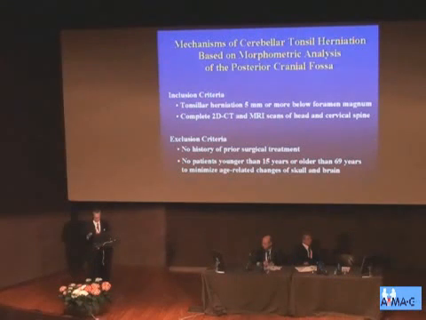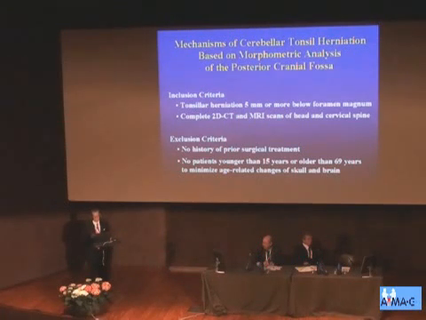But what we're really interested in is what makes the cerebellar tonsils descend through the foramen magnum into the upper cervical canal. So we selected out of our database patients who had at least tonsillar herniation of 5 millimeters or more. They all needed to have had complete 2D CT with 3D reconstructions and MRI scans of the head and cervical spine.